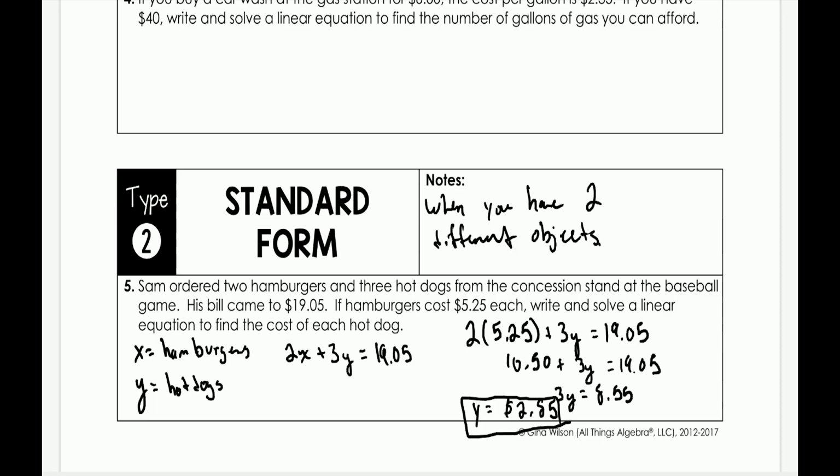We were then given the information that hamburgers cost $5.25. We used that information to determine what the price of hot dogs had to be. And we were given $2.85 as our answer, and that solves the problem. So let's go ahead and go to number 6.